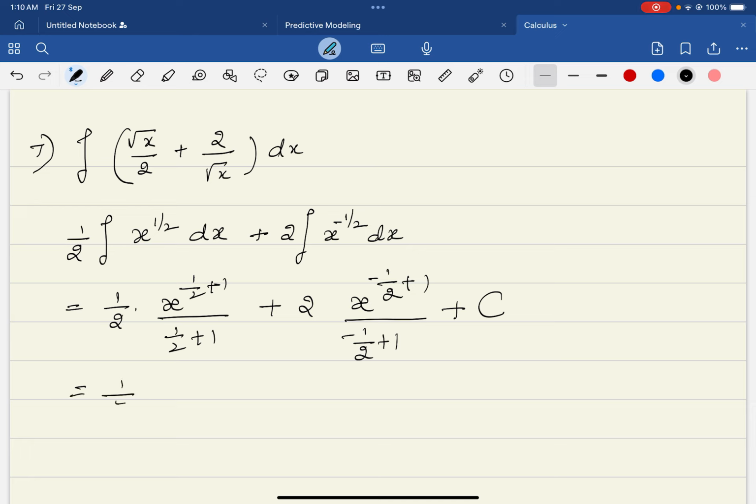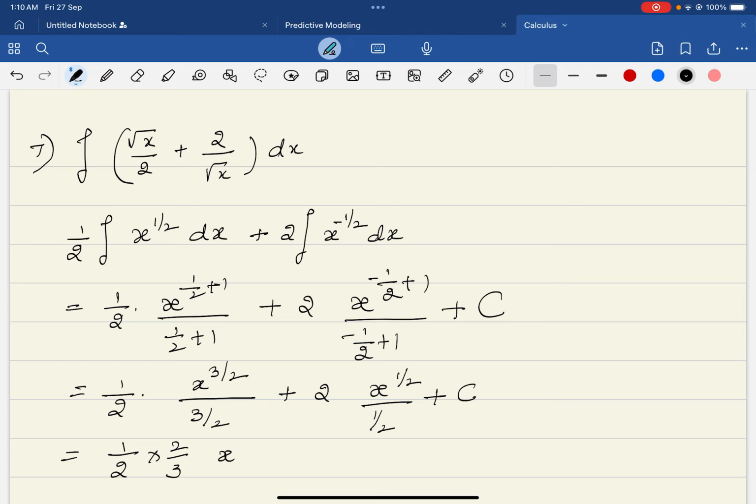So it is 1 over 2 times x power 3 by 2 over 3 by 2, plus 2 times x power half by half, plus the constant. When we flip it, 1 by 2 times 2 by 3 times x power 3 by 2, plus 2 times 2 by 1 times x power half, plus the constant.